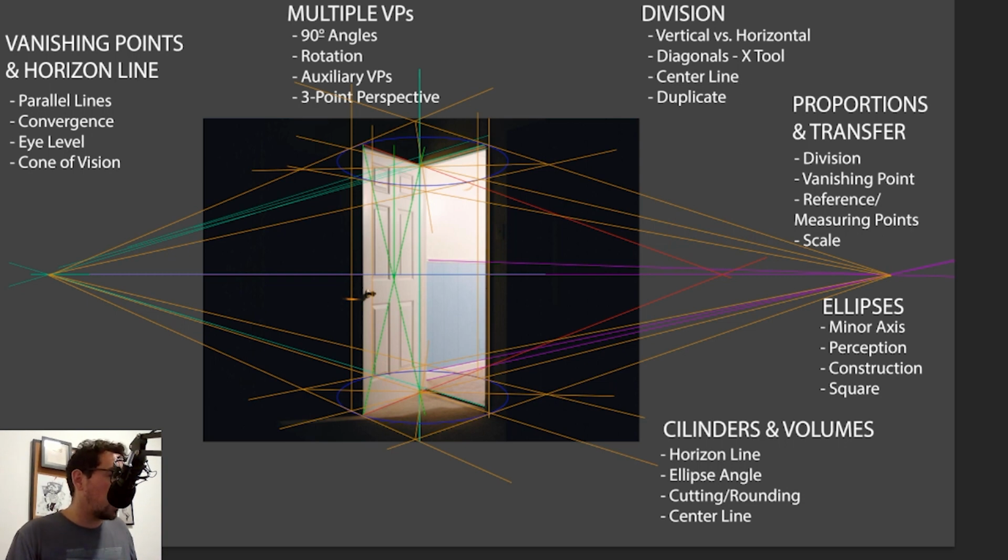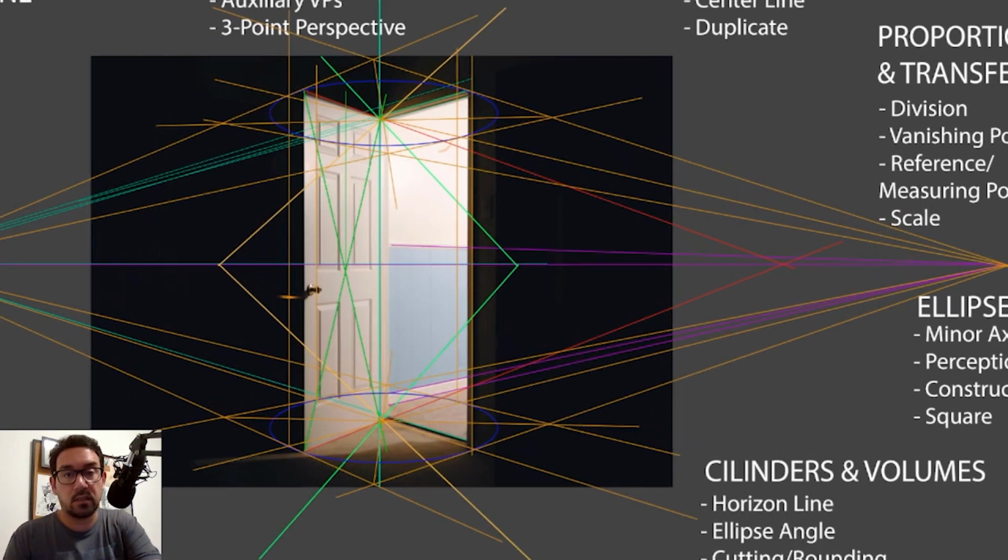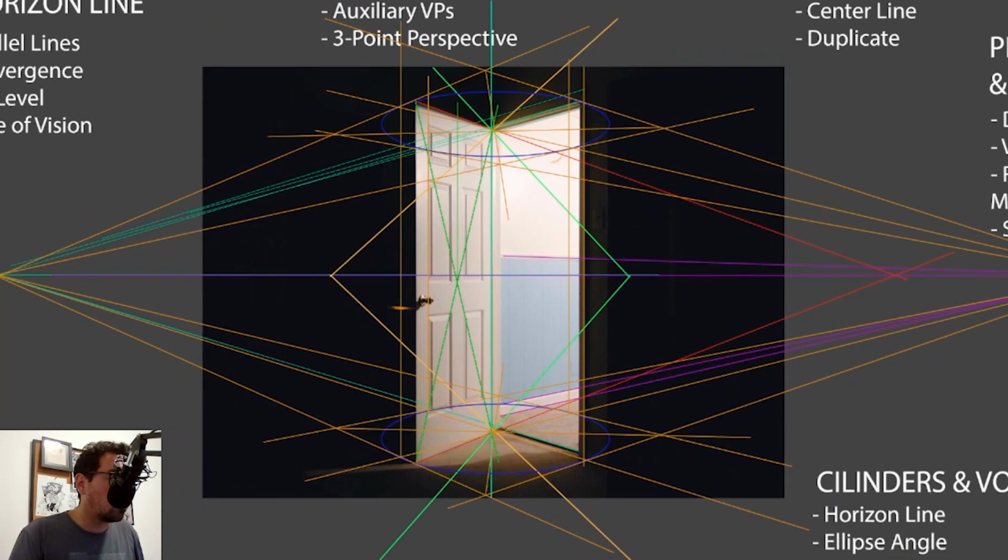So if we do get the proportions and rotation back, and let's just change color here pretty quick. We can use the ellipse now to have a very accurate door. So it will go up here to this point and meet the ellipse up there.